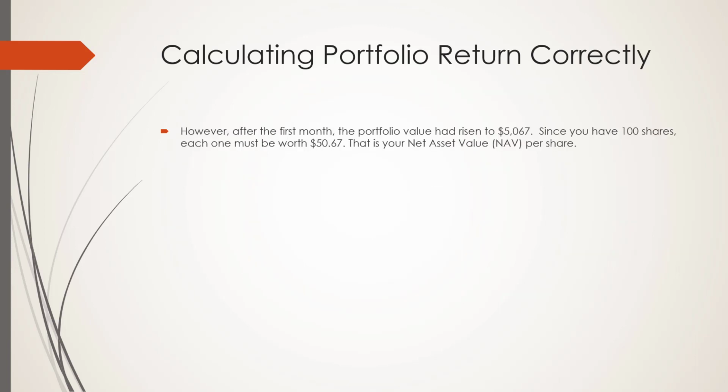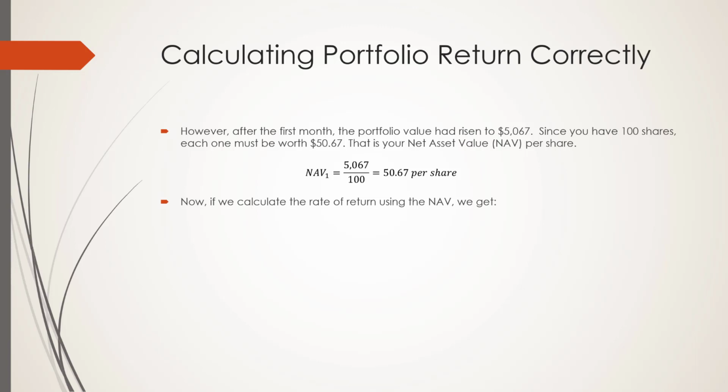Now, after 1 month went by, the portfolio rose to a value of 5,067. We said you have 100 shares, so each one must be worth 50.67. Again, that's your net asset value, and here you can see the calculation. Very simple. Now, we can use the NAV to calculate the rate of return.